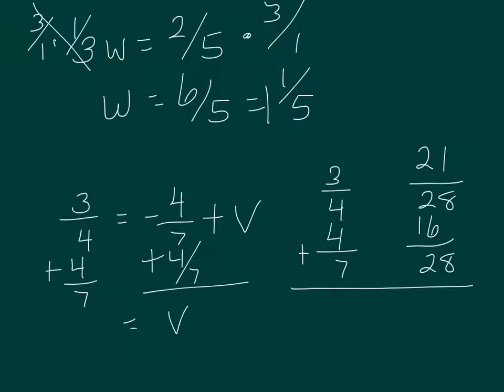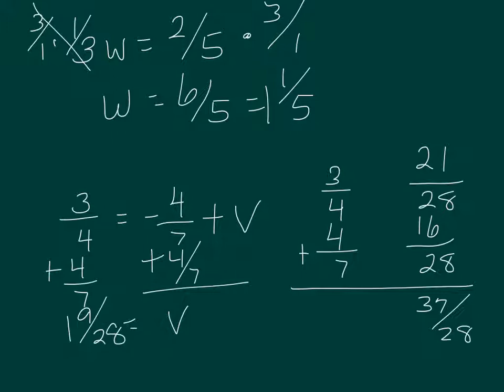Now we can add because we have like denominators. So 21 and 16 gives us 37/28. We have to turn that into a mixed number, which we're going to use 28/28 for one whole, which leaves us 9/28 left.